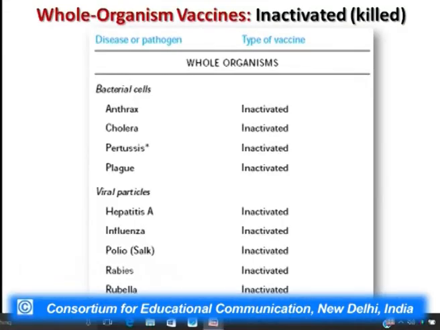A few of these whole organism killed vaccines are against anthrax, cholera, pertussis and plague, which are all caused by bacteria. Against viruses, like hepatitis A, influenza, polio (the Salk one), rabies and rubella, we again use an inactivated or completely killed vaccine.